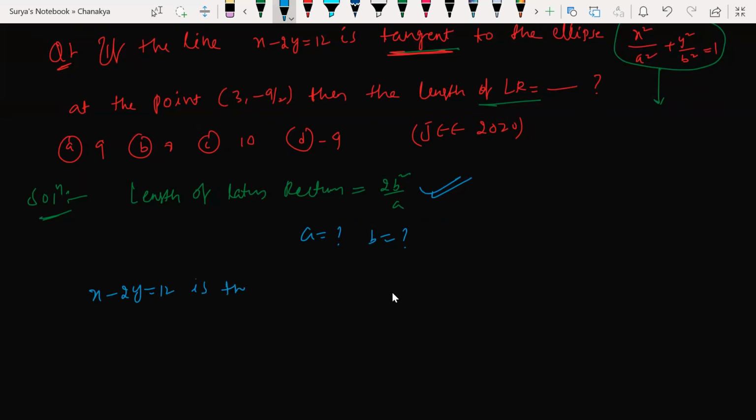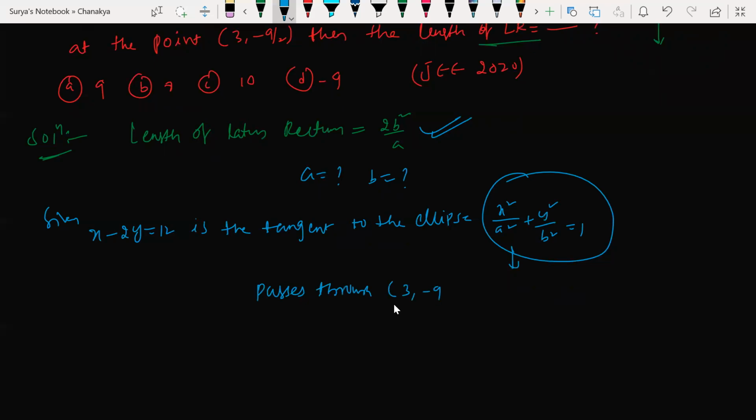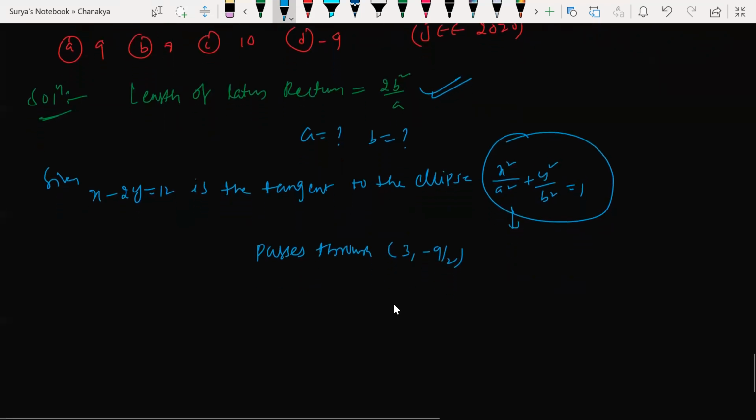Tangent to the ellipse. Which one? X square by a square plus y square by b square is equal to 1. This is a given condition. Okay, and this ellipse जो भी है, it passes through what बेटा? How much? 3 comma minus 9 by 2. इसका मतलब क्या होता है?